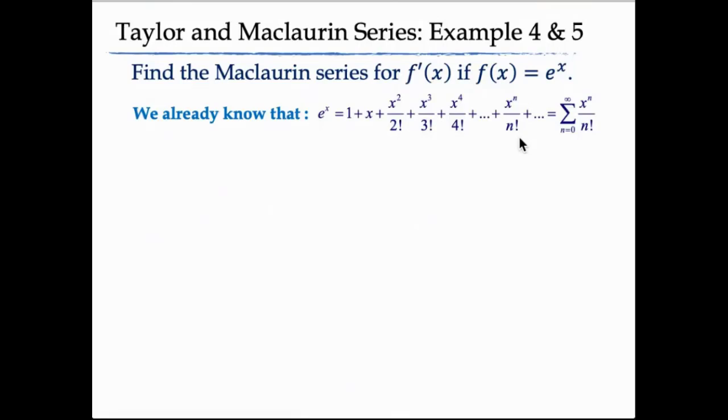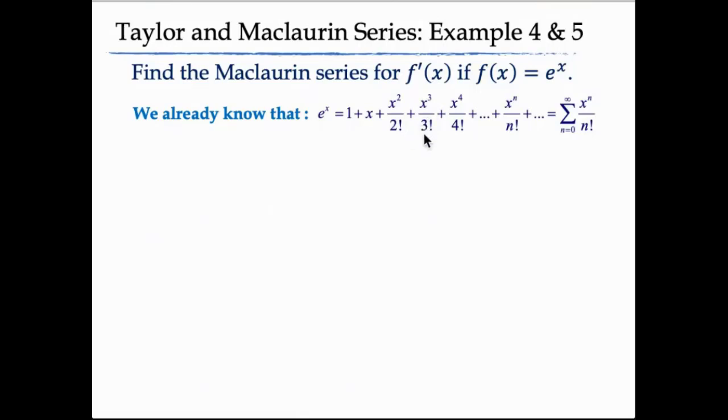And so let's go ahead and see what is the derivative of this, and let's figure out what that does to our nth term. Well, the derivative of 1 is 0, so that just becomes 0. Derivative of x is 1, plus the derivative of x squared over 2 factorial. Well, that's going to be 2x over 2, or just x. The derivative of x cubed over 3 factorial, well, that's 3x squared over 3 times 2 factorial.